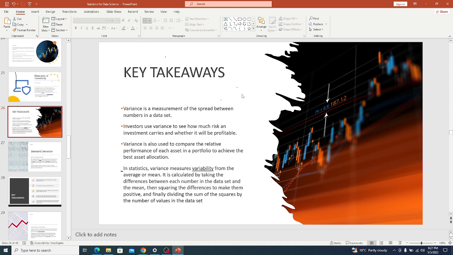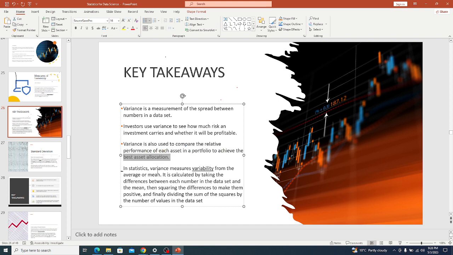So, some takeaways: variance is a measurement of the spread between numbers in the data set. Investors use variance to see how much risk an investment carries and whether it will be profitable or might have some losses. Variance is also used to compare the relative performance of each asset in a portfolio to achieve the best asset allocation.